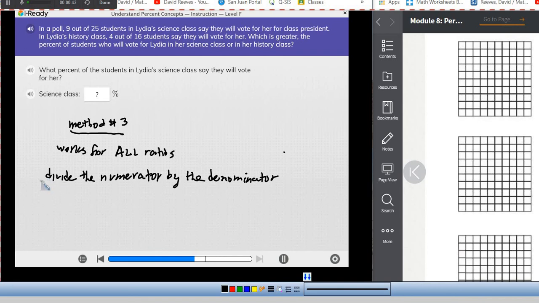So then we're going to change the decimal number to a percent by moving the decimal 2 places to the right.